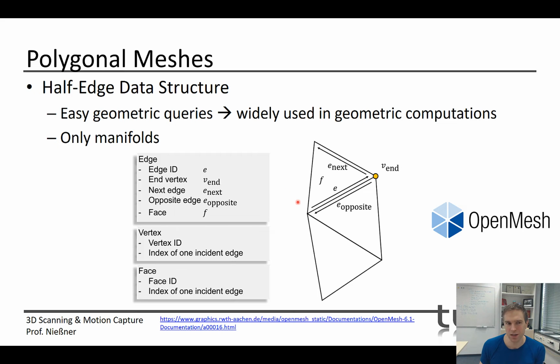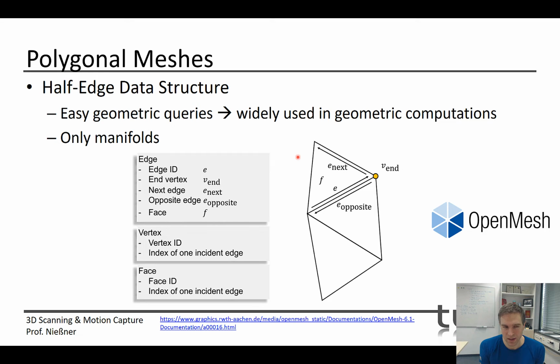So this data structure is defined around the edges, and you can use that to traverse the mesh very efficiently, without doing a linear search through all of the entries in the vertex list, for instance.